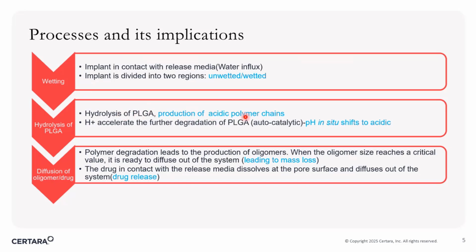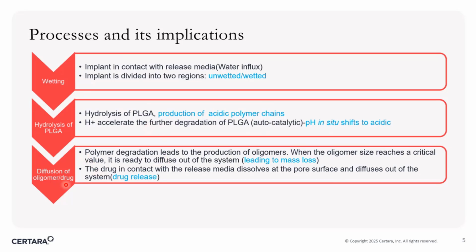These acidic polymer chains would participate in further degradation of PLGA, which we call autocatalytic degradation. Because of autocatalytic degradation within the implant, there is a pH drop in situ. This will go to the acidic side because of accumulation of H plus ions due to the degradation of PLGA.